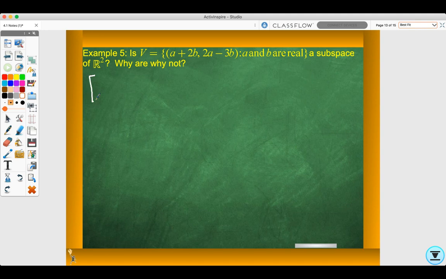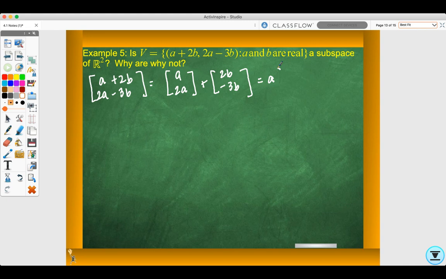So we would have (a plus 2b, 2a minus 3b), which we could then write as a times (1, 2) plus b times (2, negative 3), stating that this is v1, this is v2.